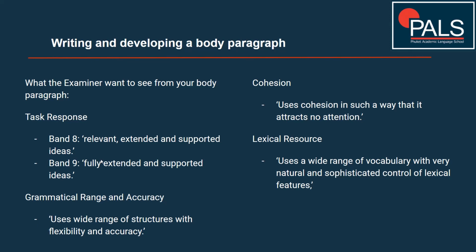Also, you can get some compound sentences in there, using coordinating conjunctions like and or but or so. You can also get some complex sentences in there. The easiest way to do that is to use if clauses, or use words like after or since or because. And as I say, get some complex sentences in there as well.